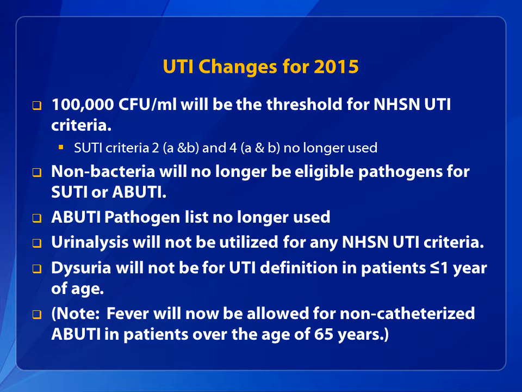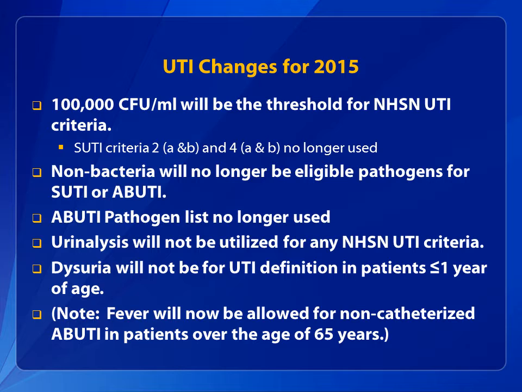Third, to simplify surveillance, pathogens for asymptomatic bacteremic UTI, or ABUTI, are no longer limited to a uropathogen list, but instead include any bacterial organism. Based on a review of historical data, this change is not anticipated to significantly alter UTI data.